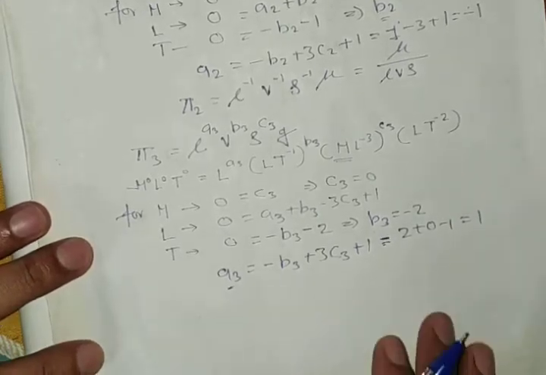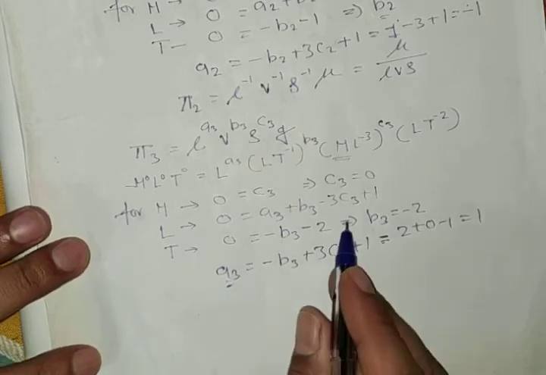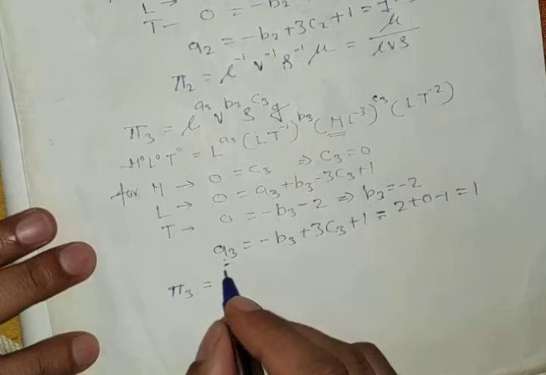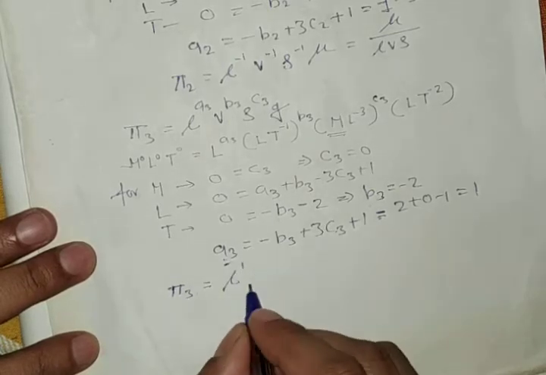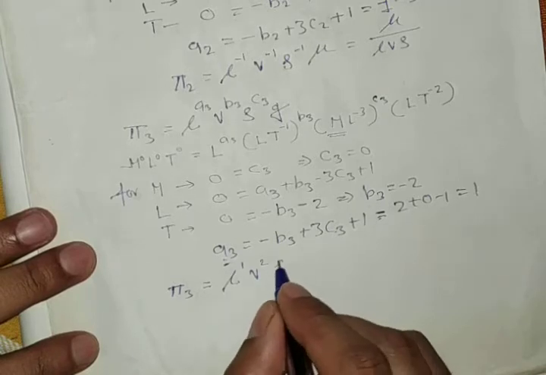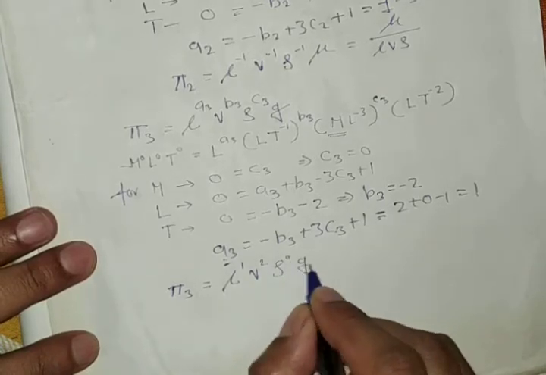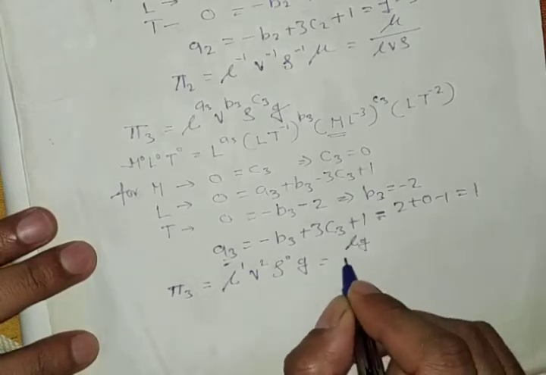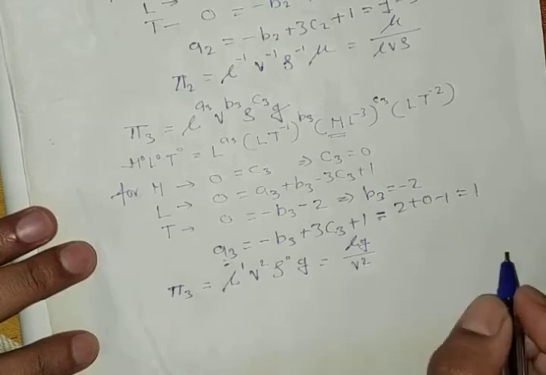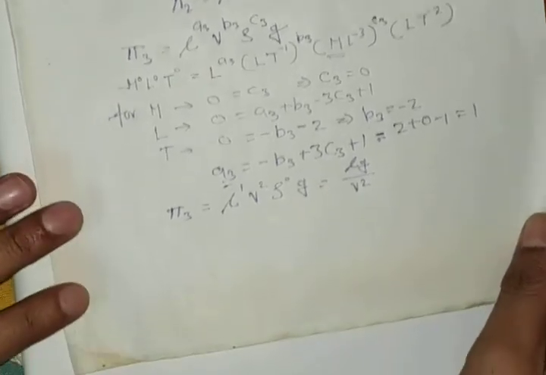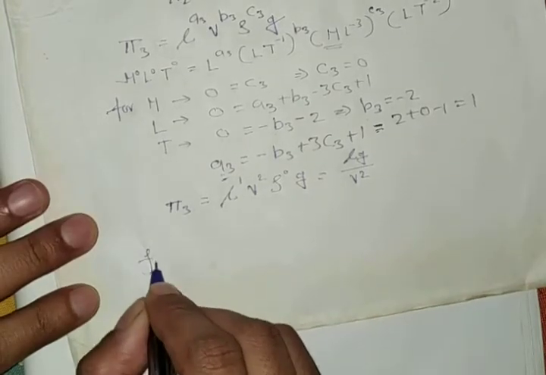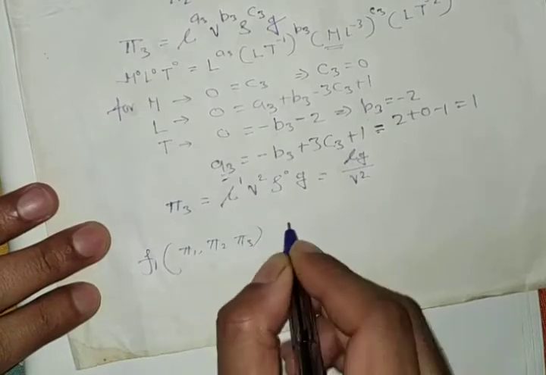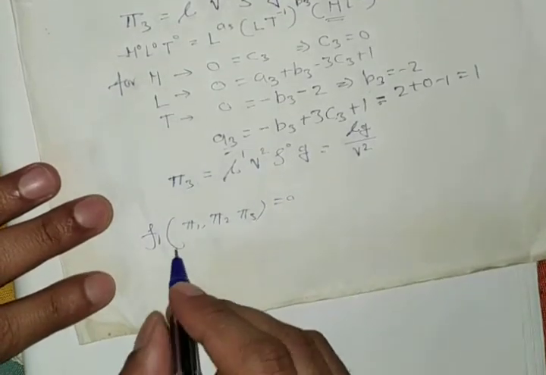So we know the values of A3, B3, C3. So your pi 3 will be L to the power 1, V to the power minus 2, rho to the power 0, and g. Or you can write L g divided by V squared. Or we can write the function f1 of pi 1, pi 2, pi 3 is equal to 0.